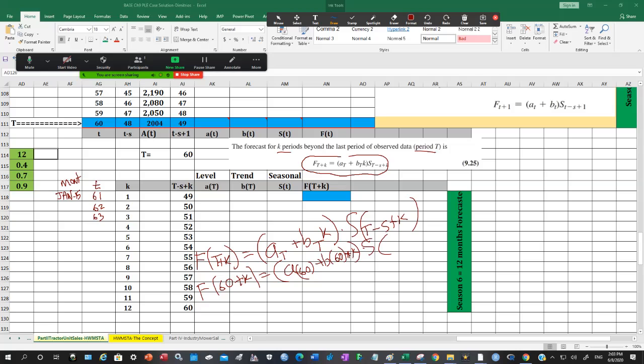And lowercase s is 12. So we have F of 60 plus K equals the level at period 60, plus the trend component at period 60 times K, and this is uppercase S of 48 plus K.